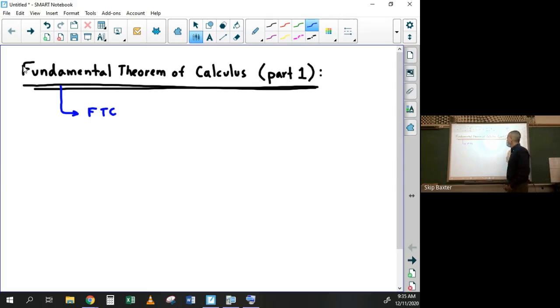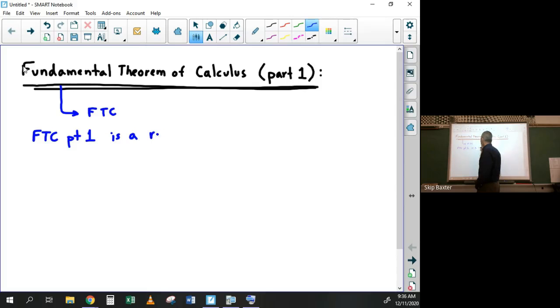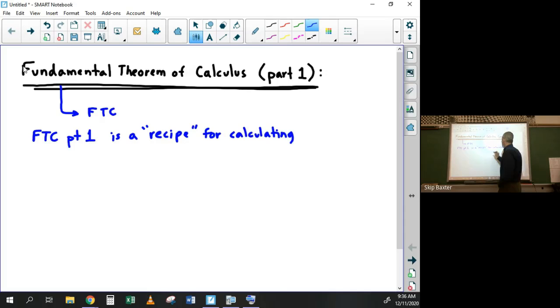So what FTC part one is, it's basically like a recipe of how to calculate definite integrals. FTC part one is a recipe, I don't know what else to call it, for calculating definite integrals.